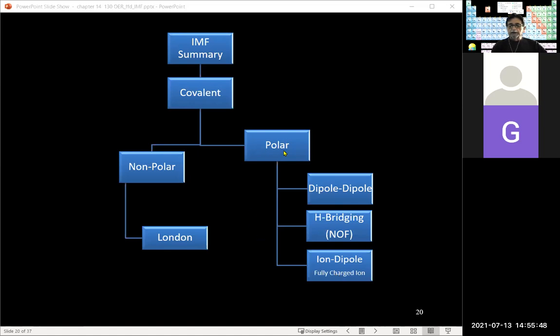If it is a permanent dipole and it's not nitrogen, oxygen, or fluorine bonded to hydrogen, then the only choice you have is dipole-dipole. There's only 3 choices with respect to hydrogen bridging, and that is any molecule that has hydrogen bonded to either nitrogen, oxygen, or fluorine.